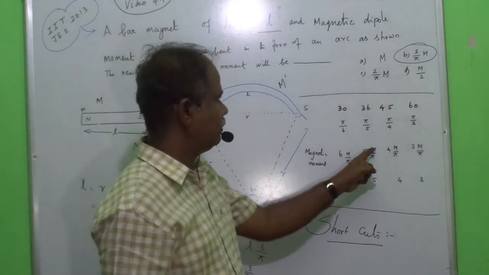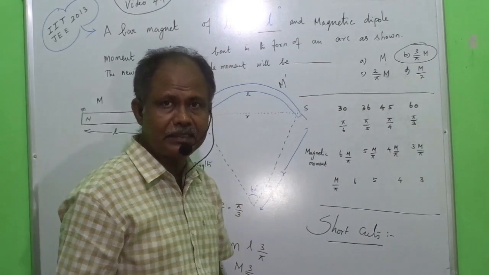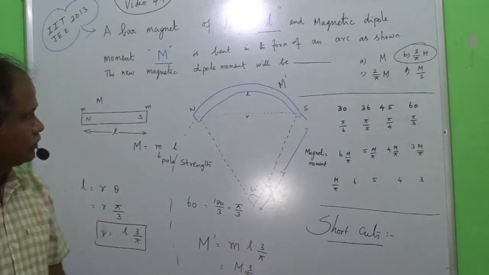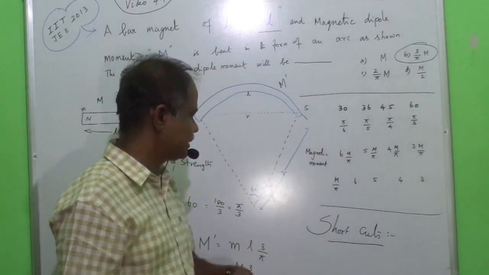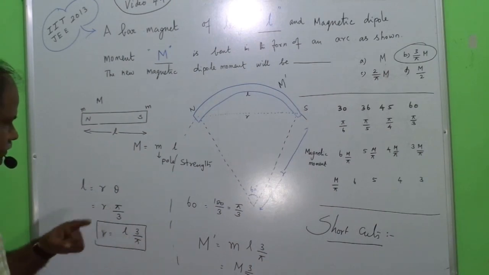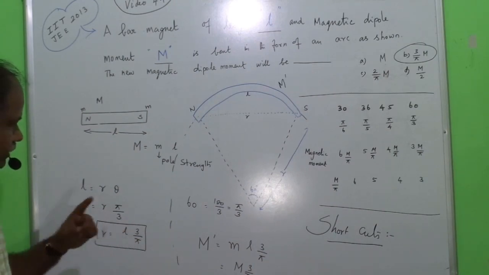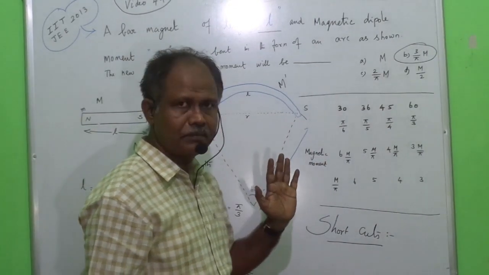That is 5 into M by pi. This is if the angle is 36. If the angle is 30 degrees, pi by 6, then it is 6M by pi.